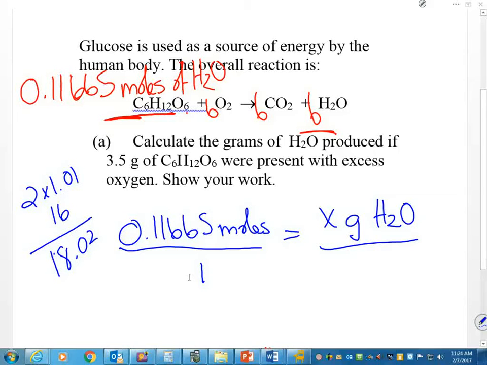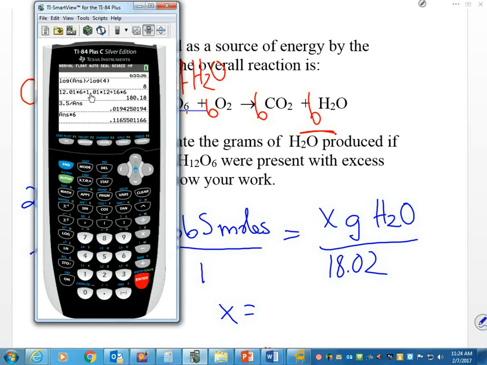So you either have to retype that into your calculator, or some of you have the fancy calculators where you can arrow up and highlight that number. Okay? Some of you don't have that. Okay? So I put 18.02 here, and I cross multiply. I get x is equal to 0.11655 times 18.02.